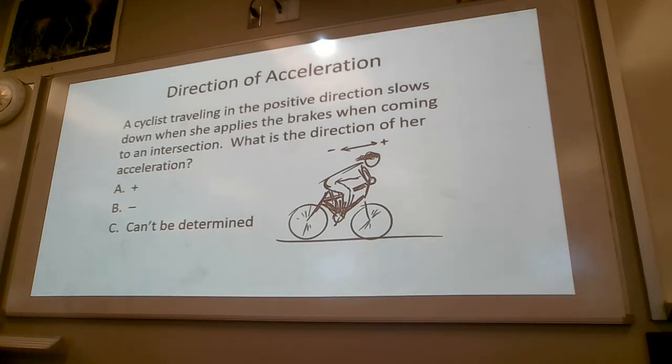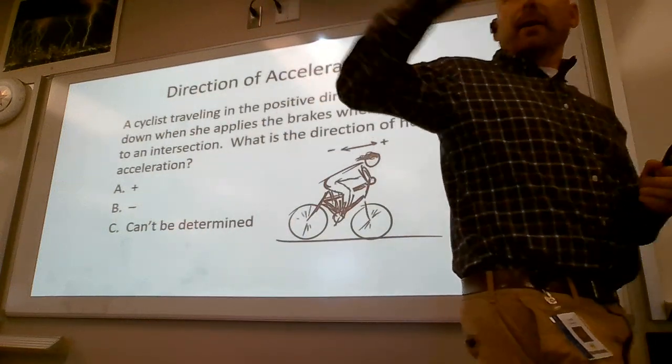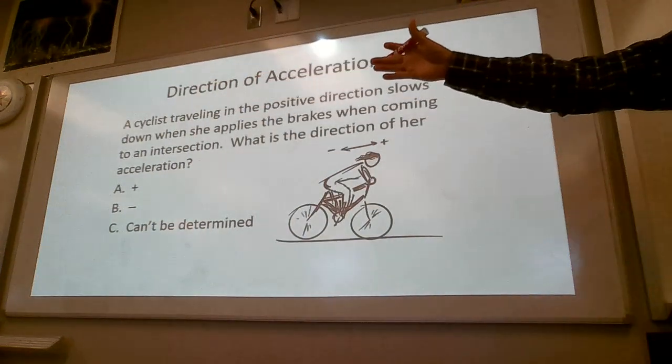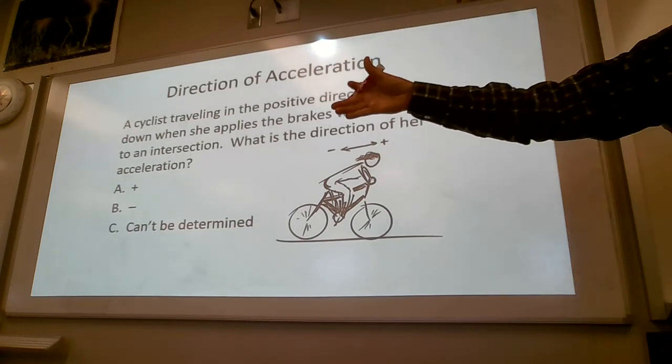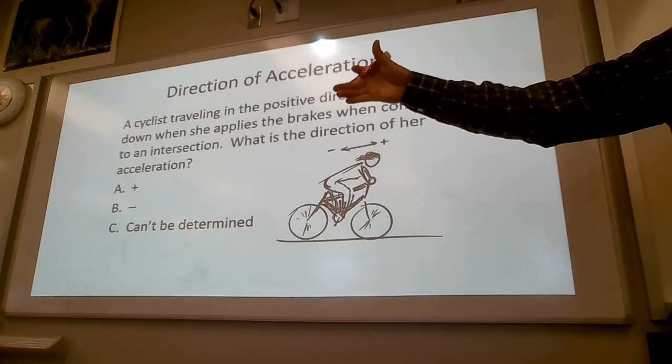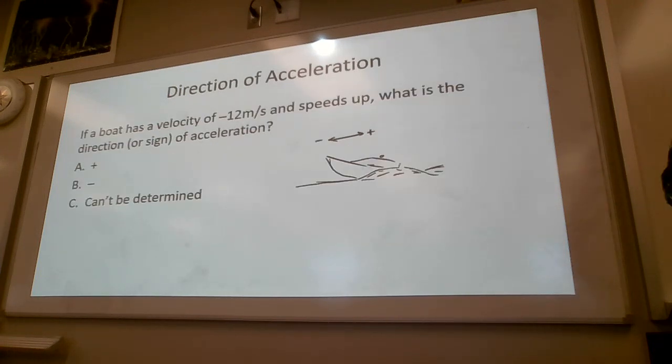What's the direction of the force that would have to cause you to slow down? In the opposite direction of motion. In the negative direction, that's the direction of the net force, the total force. Therefore, the sign of acceleration is also negative. Two different ways to describe the acceleration. Try that one.